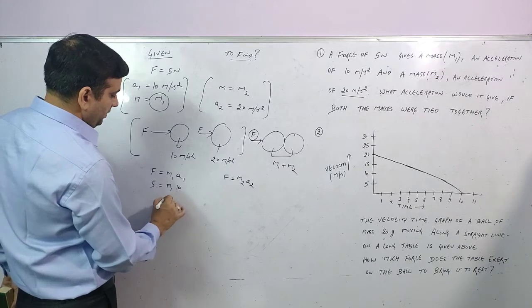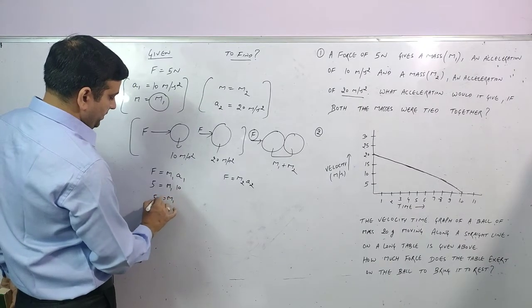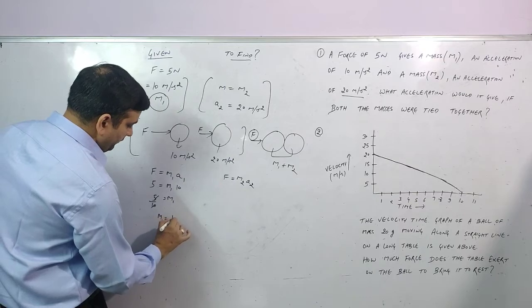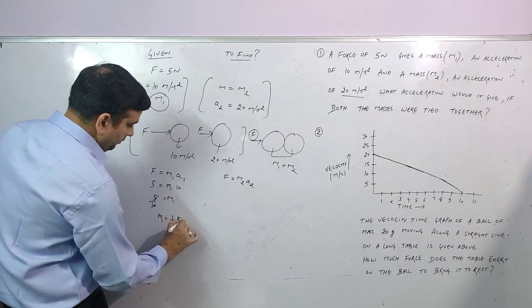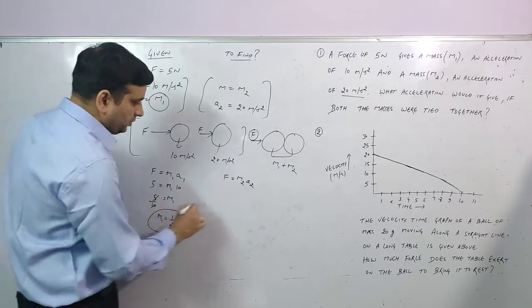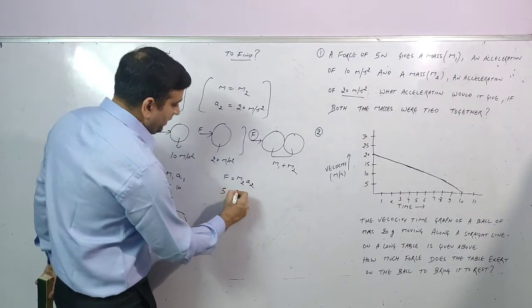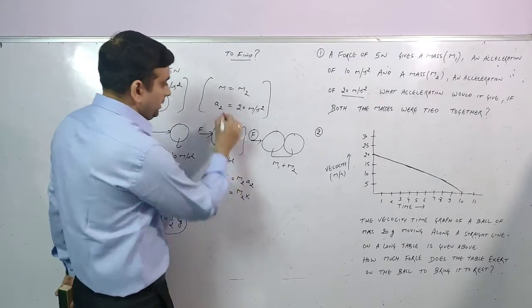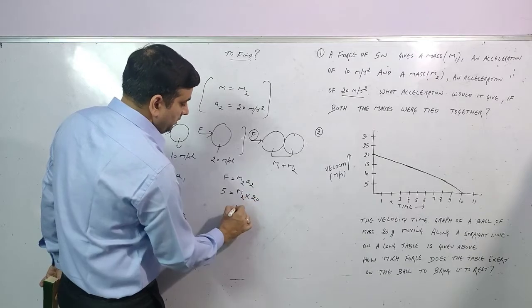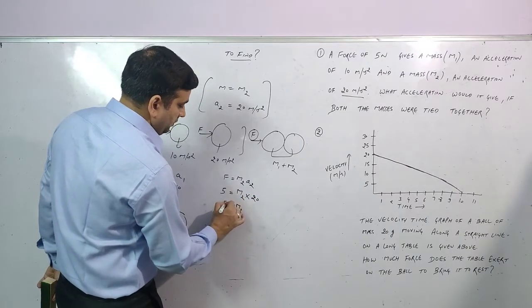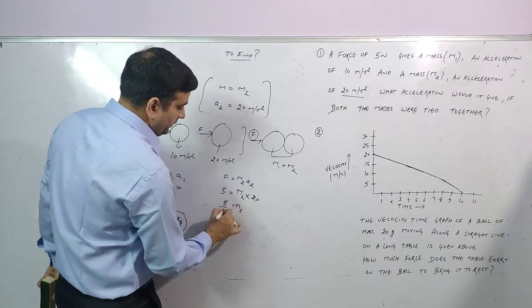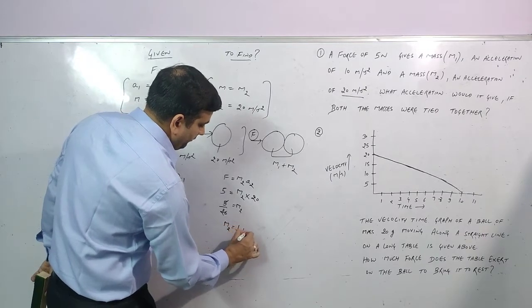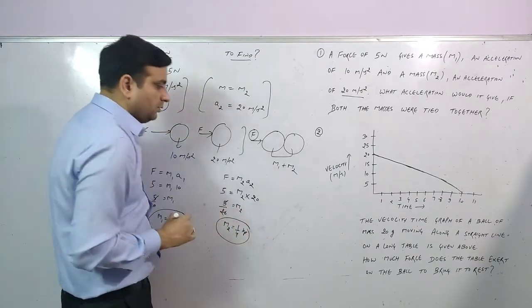So m1 is 5 by 10, 1 by 2 kilogram. Similarly for this, 5, m2 into a2, which is 20. So m2 is equal to 5 by 20, so m2 is equal to 1 by 4 kilogram.